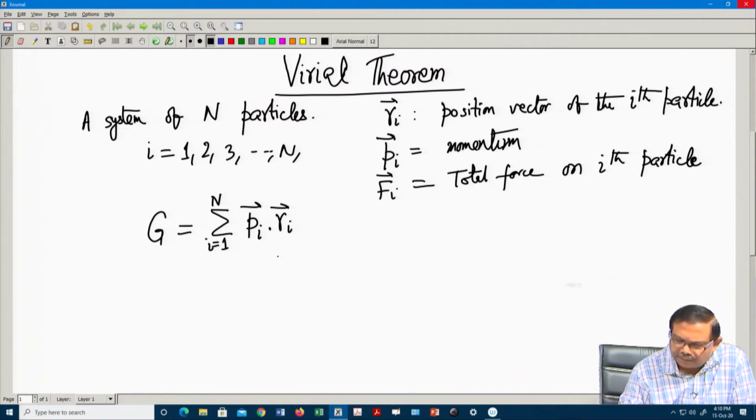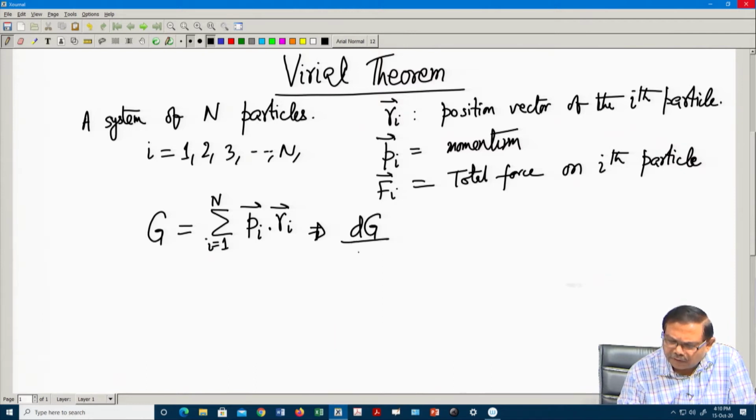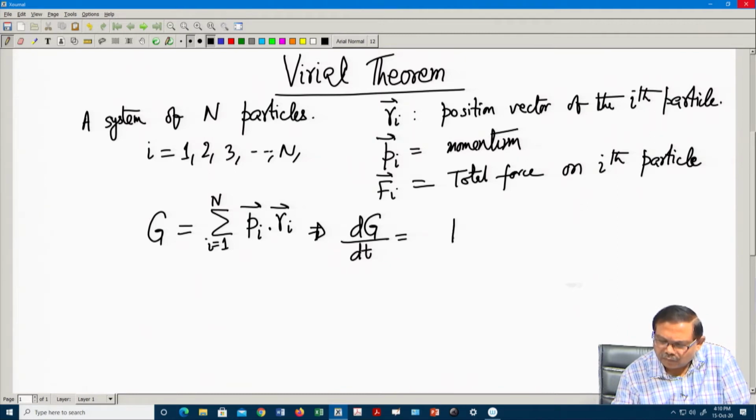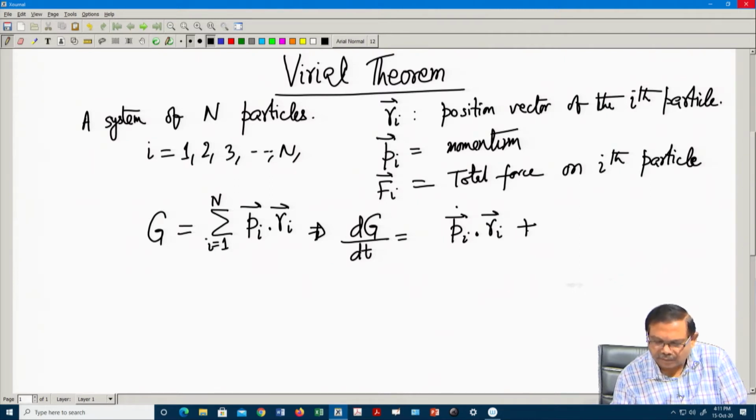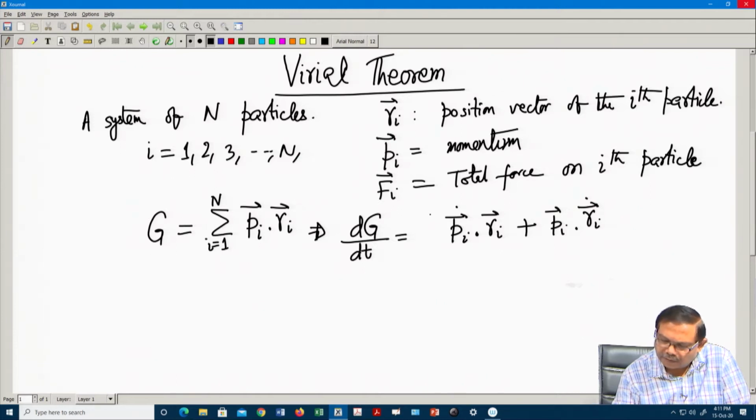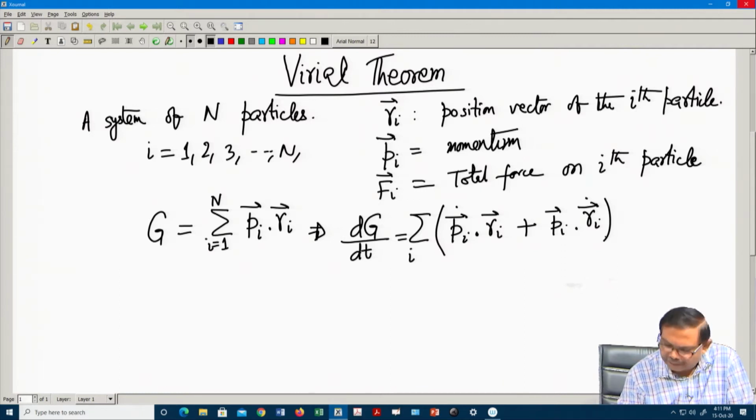If we take the time derivative of this quantity G, then we get sum over i of P_i dot with R_i, plus P_i dot scalar product with R_i dot. So, this is what we get.